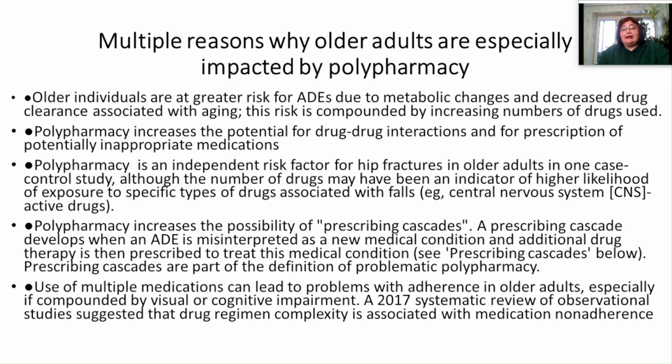In another case control study, the number of drugs may also have been an indicator of higher likelihood of exposure to specific types of drugs associated with falls, such as central nervous system active drugs. It's cyclic tetracycline, it's paroxetine, and we will talk about these groups, why.